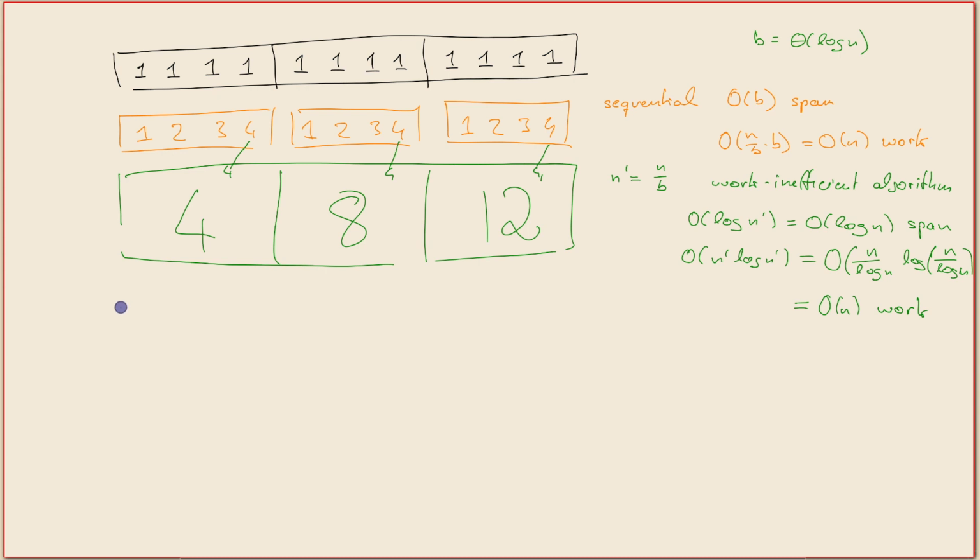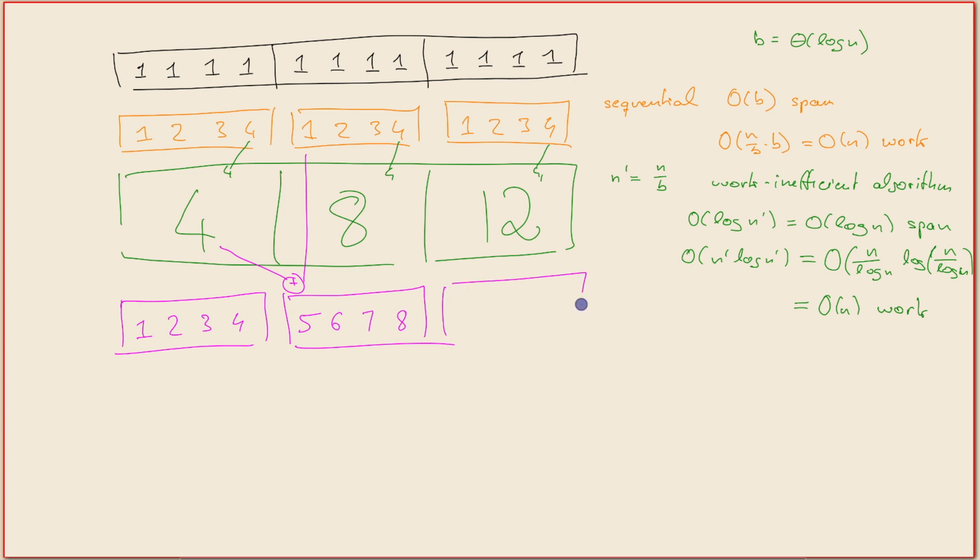So you take this number and add it to the orange number. So here you take that number and you add the orange numbers. In the first block, you don't really do anything. You take that one and add these.